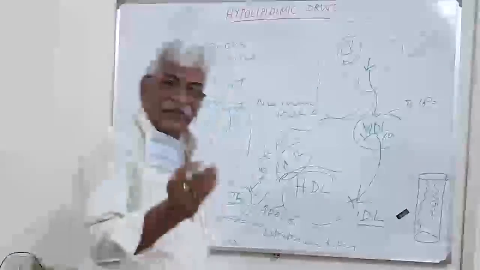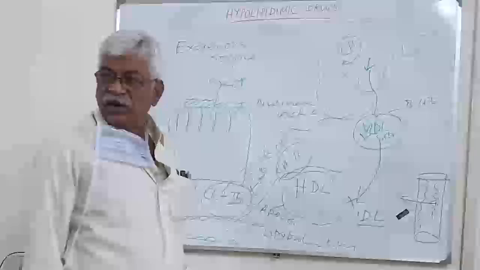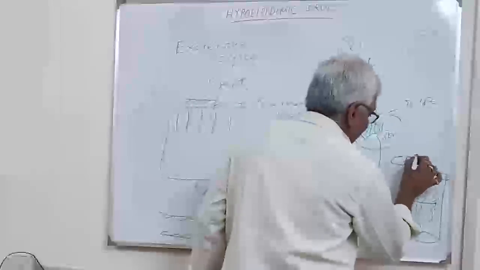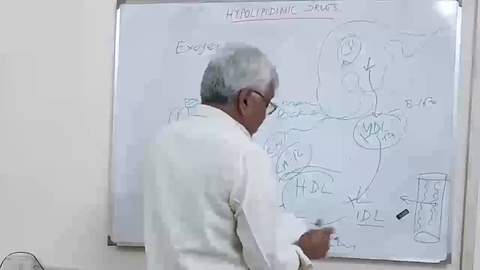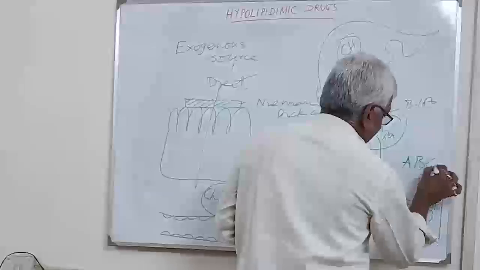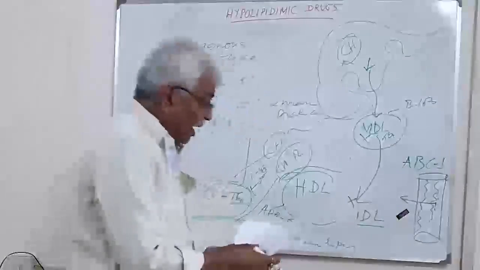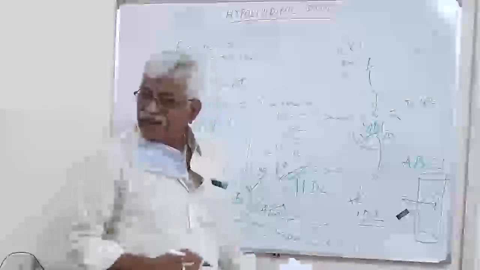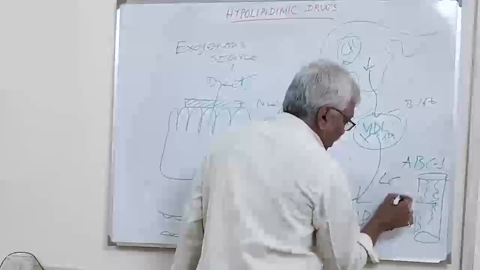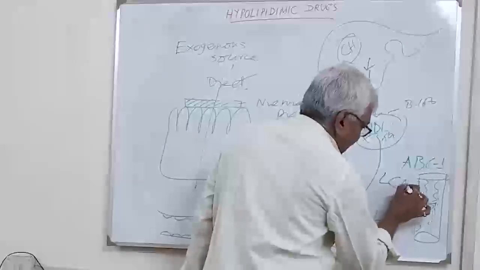Cholesterol which is stuck in the endothelium has to be removed, and this removal is done with the help of a protein, ABC1 protein, that transfers it, and after it comes to the circulation, it is esterified with the help of lecithin cholesterol acyl transferase. Then the CETP, cholesterol ester transfer protein, is involved.